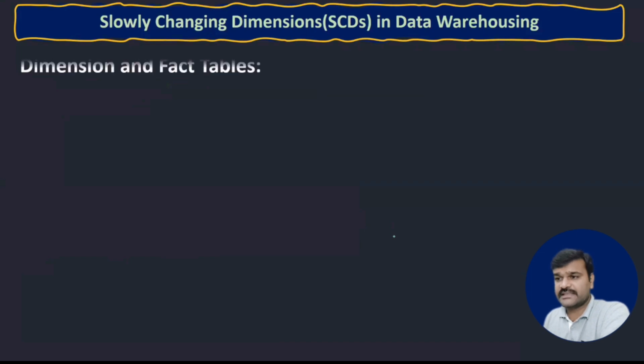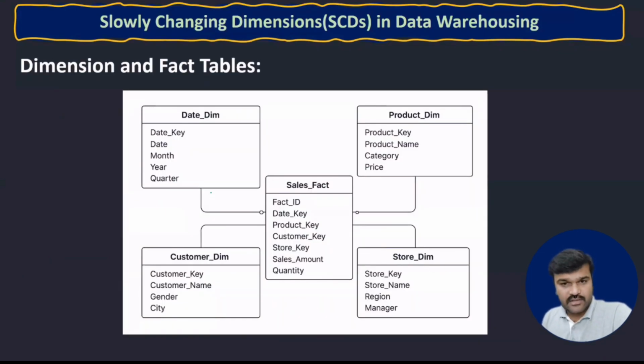Now let us see the dimension and fact tables. Understanding from examples is always very simple, so we will understand the core concept very quickly. Here we have taken some tables, the sales. For any business, there are customers, and there will be different stores, maybe across the city or across the country, and they may have different products in their stores.